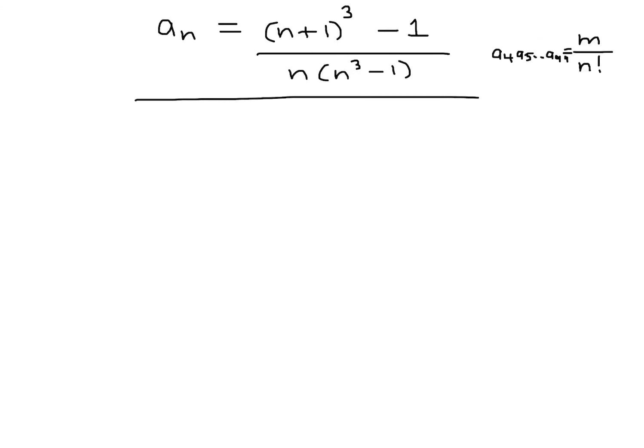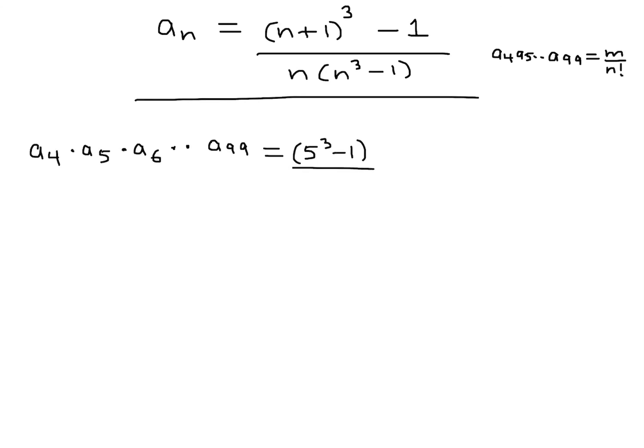Okay, so what is a4 times a5 times a6 all the way till a99? Let's see what we get using this formula that we just figured out. Well, let's see. a4 would be 4 plus 1, so 5 to the third minus 1 all over 4 times 4 to the power of 3 minus 1, correct?